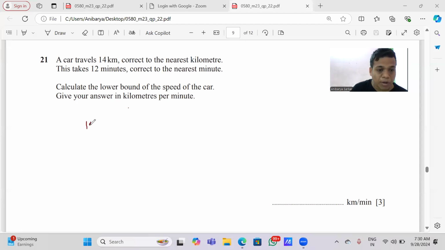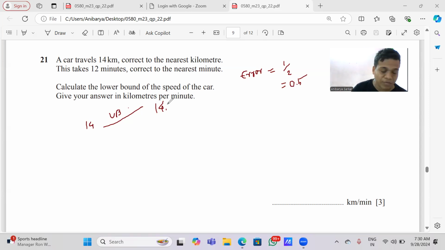So 14 kilometers. We need the upper bound of 14 kilometers as nearest kilometer. Nearest kilometer means you have to consider error. They did not mention anything, so you have to consider one by two, that is 0.5. Upper bound is original value plus 0.5, so 14.5, and lower bound means 14 minus 0.5, that means 13.5.